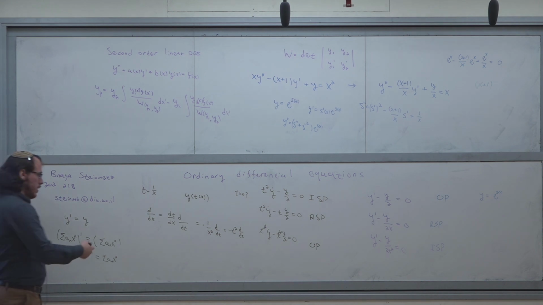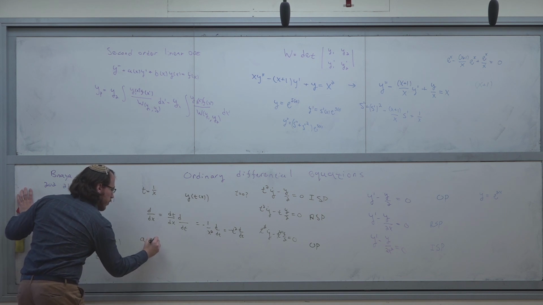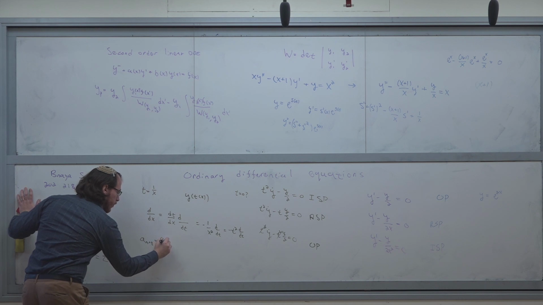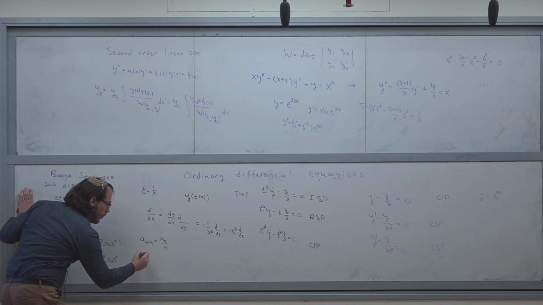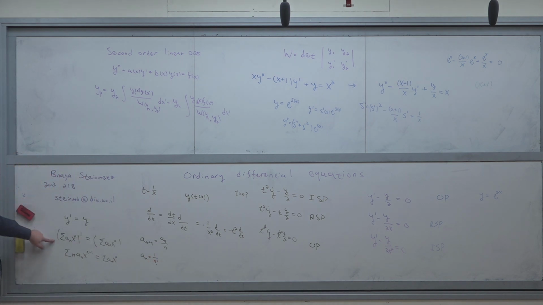What I can see from here is that n plus 1 a n plus 1 is equal, so a n is equal to 1 over n factorial. And voila, we found the Taylor series of the exponent.